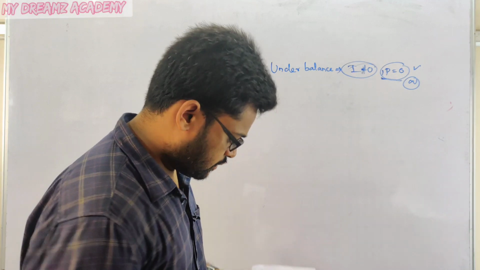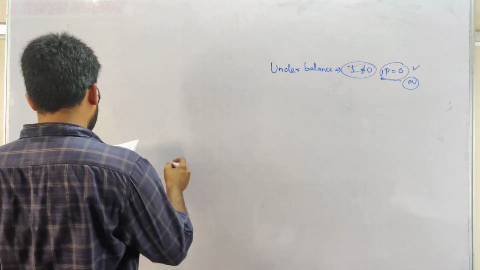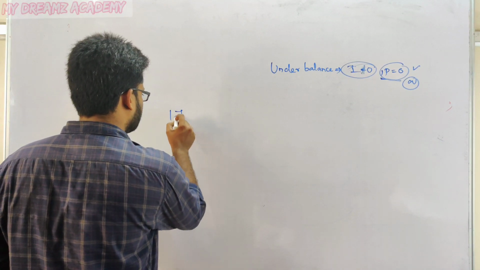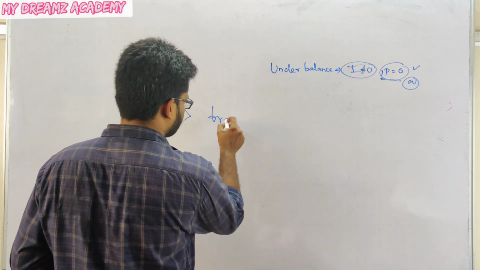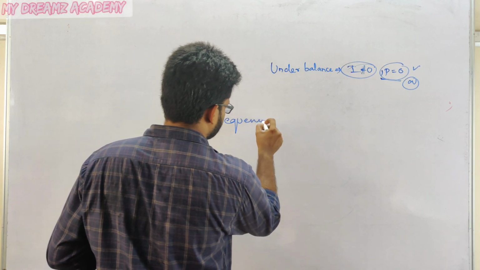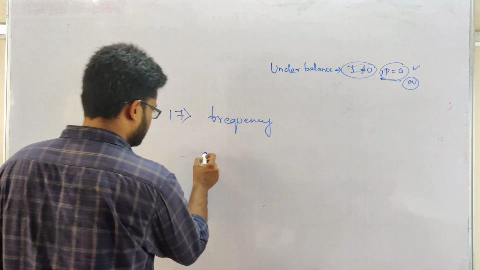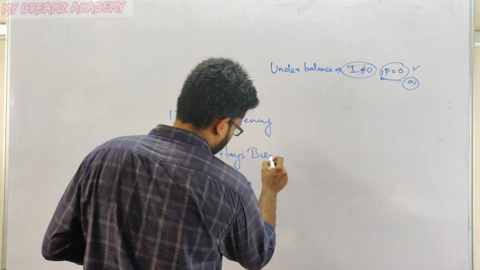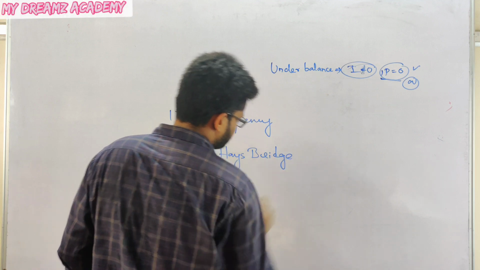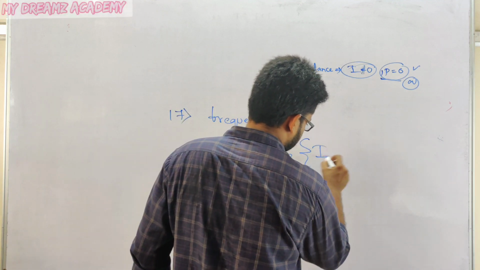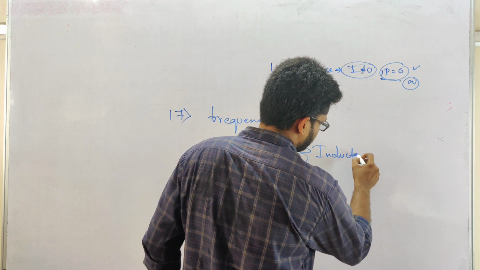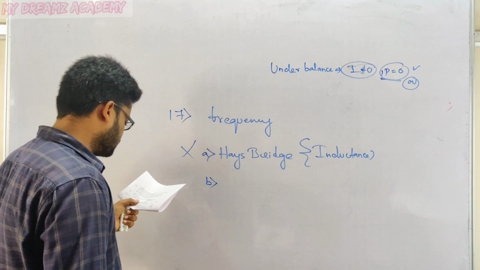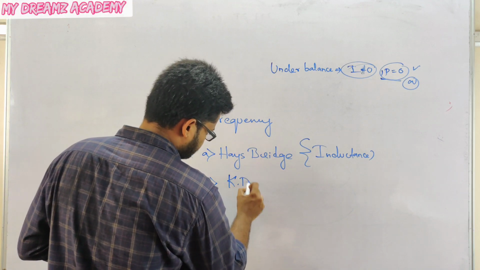What is the next question? Which of the following is used to measure the frequency? Option A, Hayes bridge. Hayes bridge is used to find inductance. So, this one is wrong. Next, option B, Kelvin's double bridge.